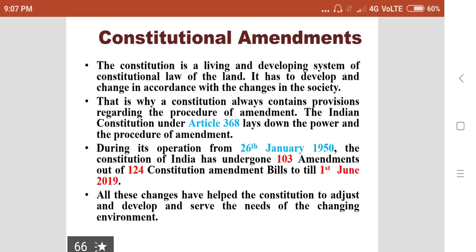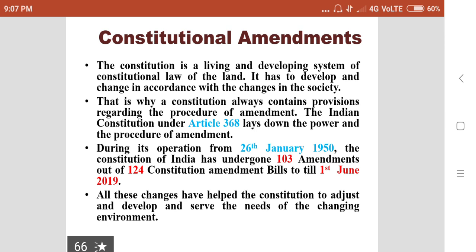That is why a constitution always contains provisions regarding the procedure of amendment. The Indian Constitution under Article 368 lays down the power and the procedure of amendment.